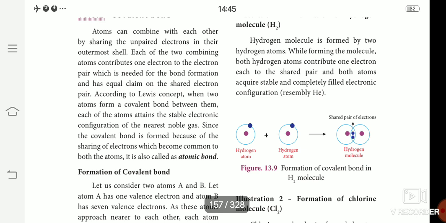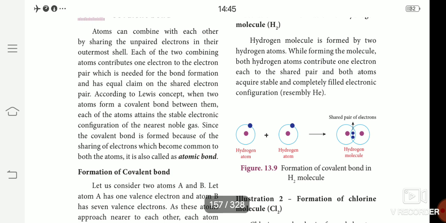So one hydrogen is 1s1 and another hydrogen is 1s1. The first shell is incomplete, so the two electrons are shared as an electron pair.